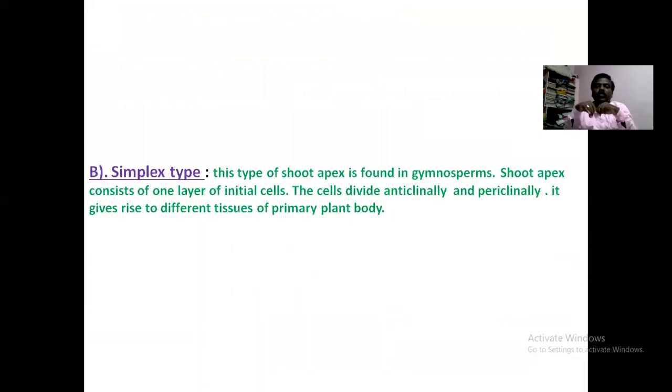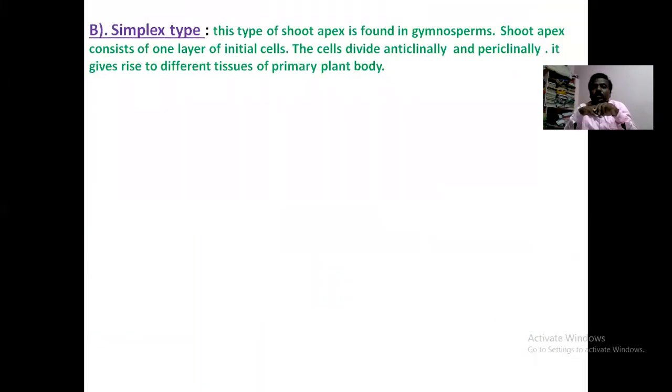Next one, simplex. This type of shoot apex is found in gymnosperms. The shoot apex consists of one layer of initial cells. The cells divide anticlinally and periclinally. This type of division is present in simplex.